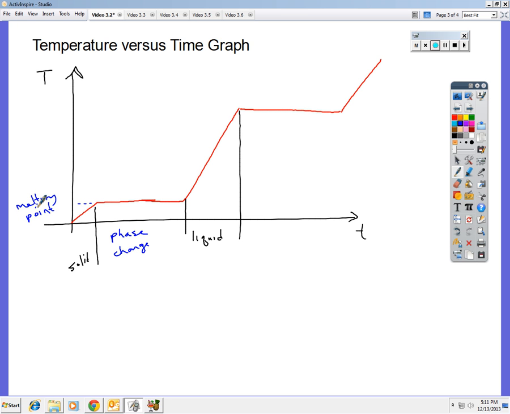And one thing you can say about this is that the slope of this line is equal to 1 over the heat capacity, which is interesting. And so the liquid is increasing its temperature until it gets to the boiling point, at which point the temperature levels off again.